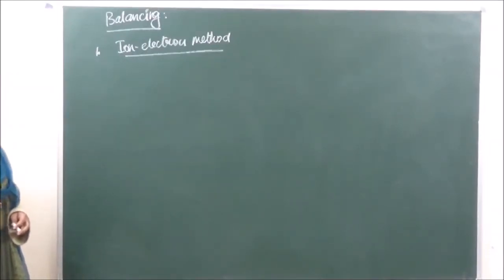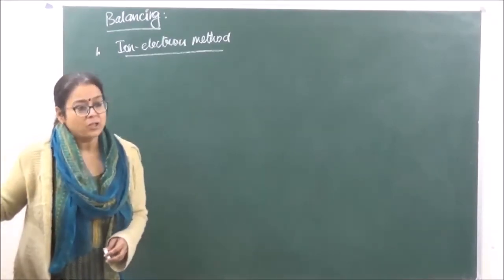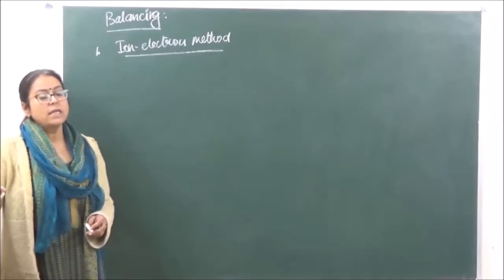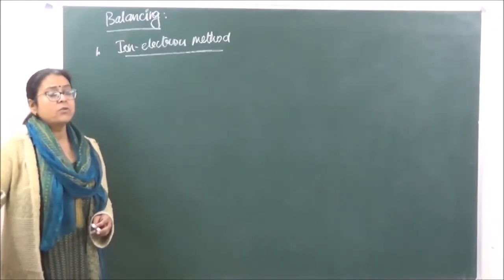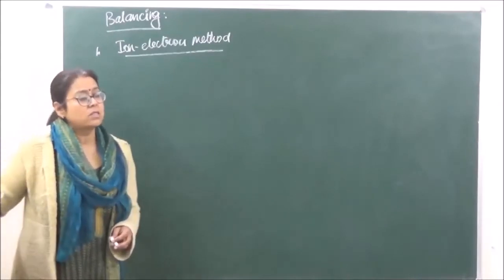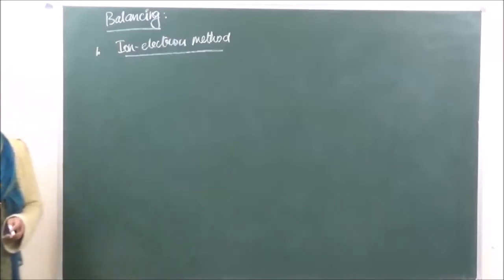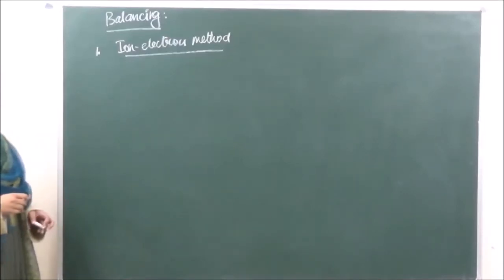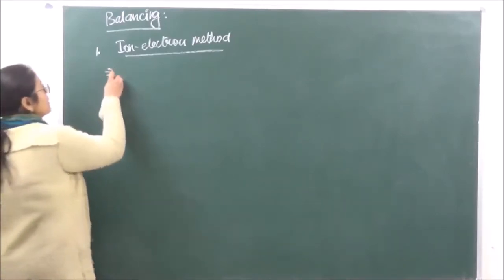In this case we know that any redox reaction has two types of reactions, one known as oxidation and the other known as reduction. So in this method we separately balance the oxidation half reaction and the reduction half reaction. The scientists who first told about this were Jette and Lamave.